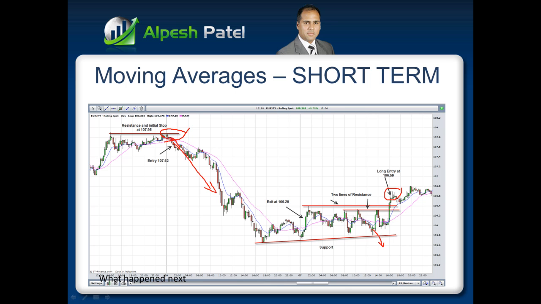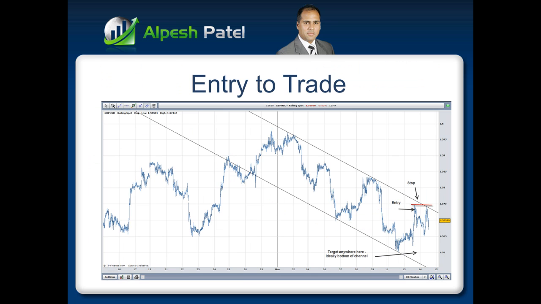I'll talk a lot more, as I said, about moving average strategies, other buy and sell strategies, and stop losses as we progress. I just want to give you another example here for the moment. Entry to trade. We saw here a target anywhere here because we've got a channel, which is a diagonally moving resistance and a diagonally moving lower support.